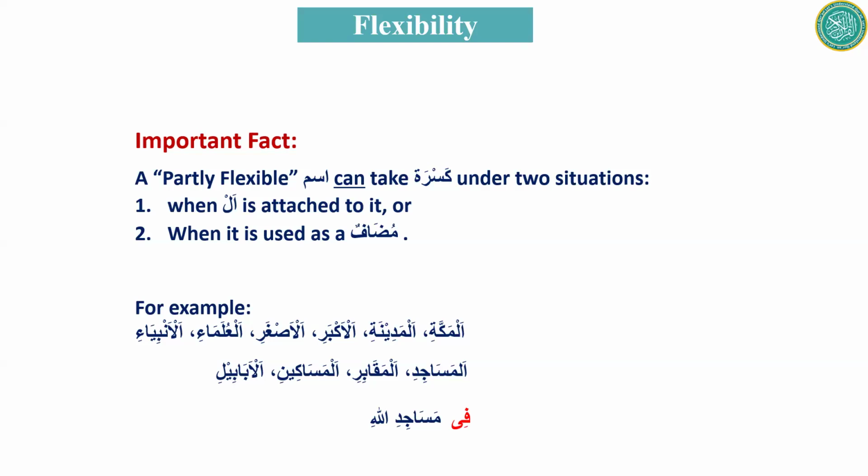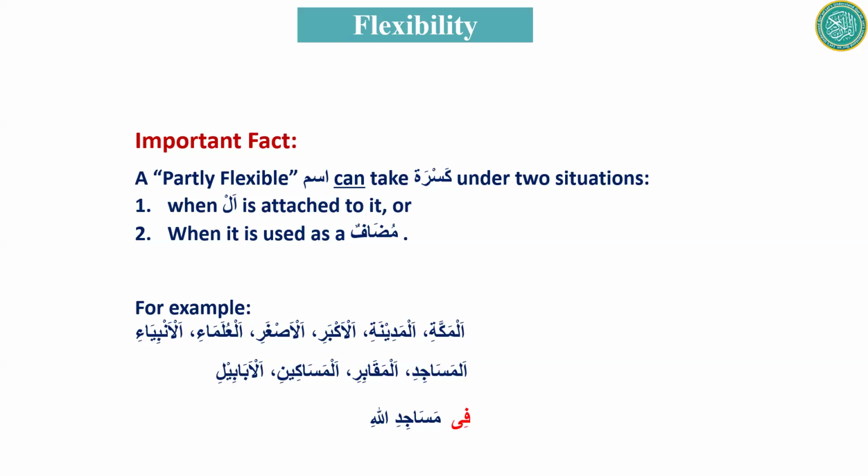So, in brief, there are three categories under flexibility: fully flexible, non-flexible, partly flexible. Fully flexible and non-flexible is very simple. But when it comes to partly flexible, there is a lot of complexity in it. Partly flexible words are always light. They don't take kasra generally.